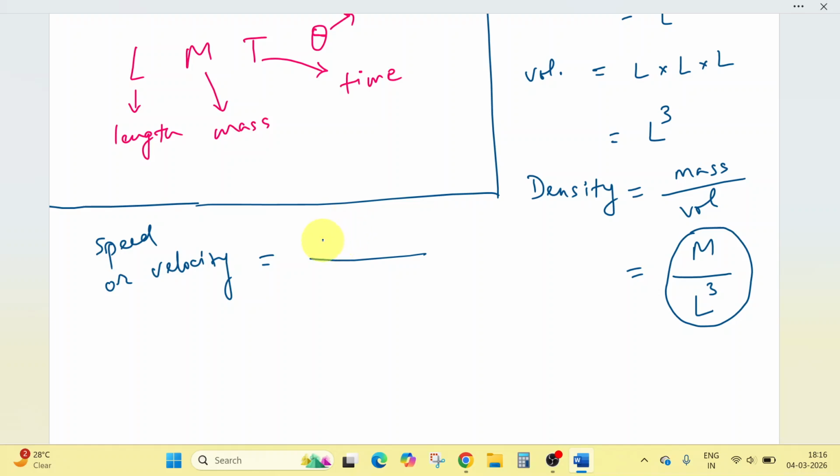The distance is basically L. Distance is basically L and time is T. So these two are fundamental units. When you divide them, it is L by T. So it's a derived unit. Okay. So these are the basic differences between fundamental and derived units.